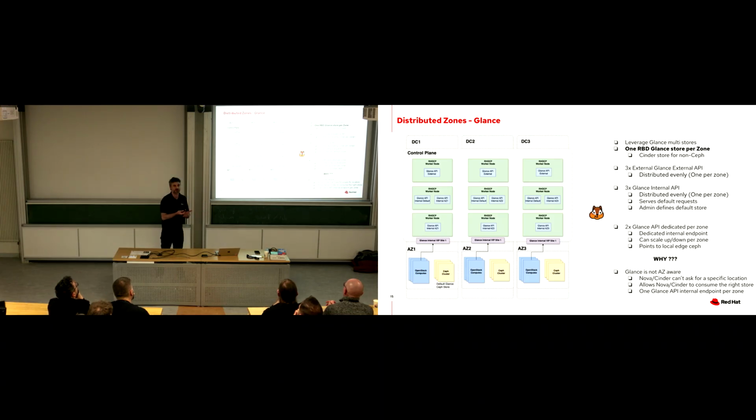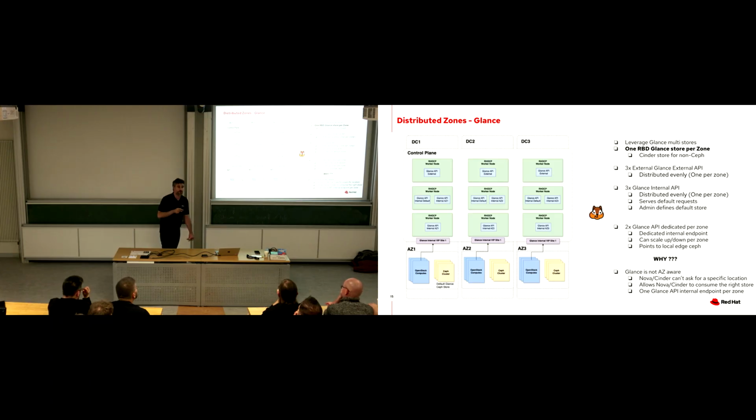When you upload an image, you say, I want it in that site. If you don't mention anything, it will go to the default. Now we have the Glance API here and here. Those two are dedicated to that zone, so to that Ceph cluster, ultimately. And those two are actually exposing a dedicated VIP endpoint to the OpenStack computes that are here.